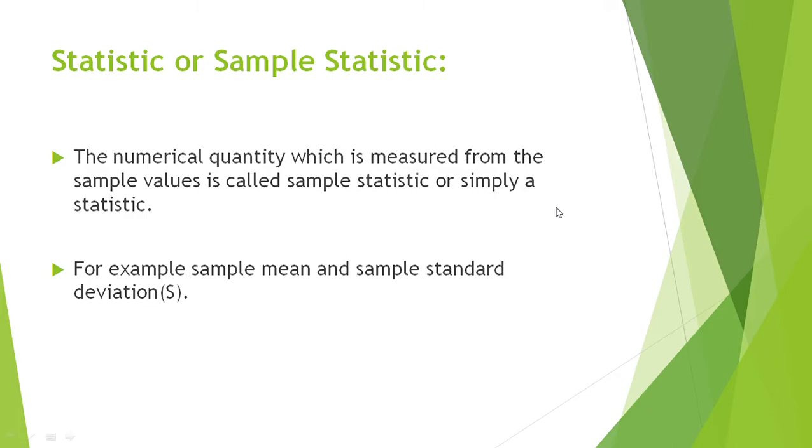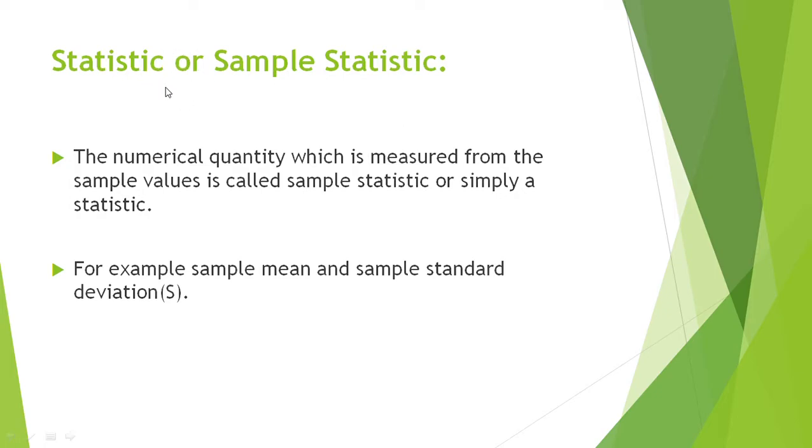Statistic or sample statistic, as we have earlier discussed in the definition of statistics, in a plural sense, represents any quantity which is measured from the sample. This is the term which was used in the definition of statistics. Here you can see that there is no s at the end.